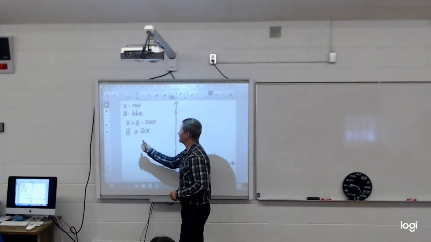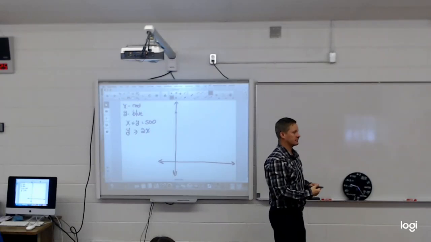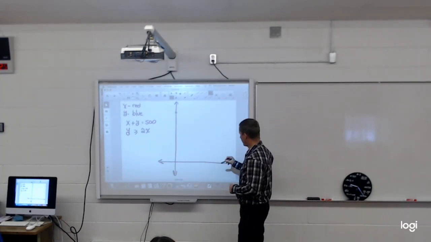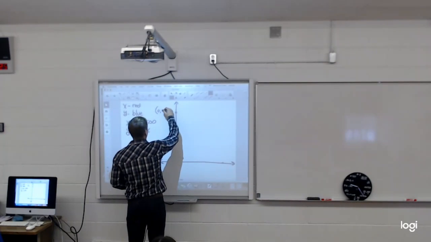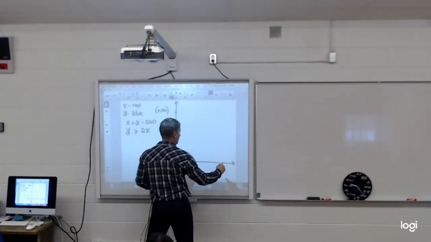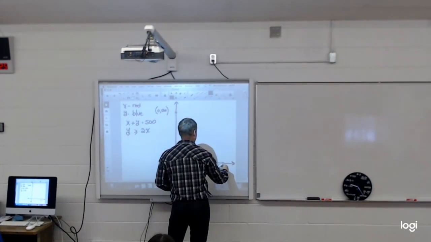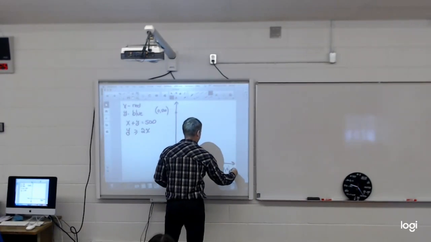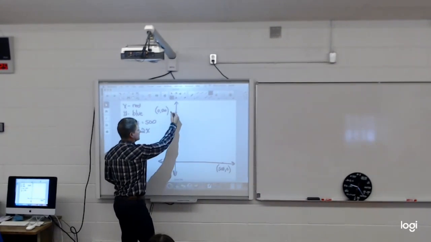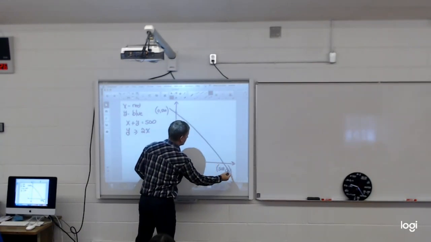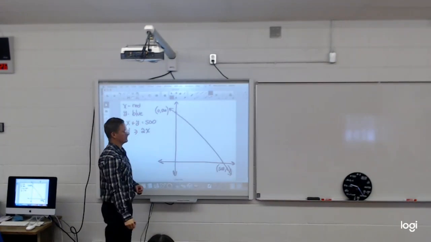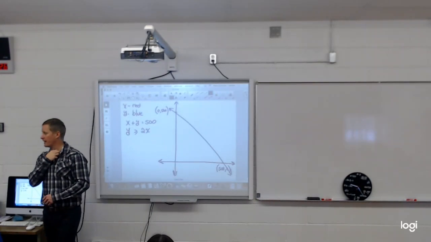And if I put 0 in for y, what is x? 500, that's somewhere down here. So I always do this, 0 and 500, 500 and 0. It's just a straight line. There's no shading actually for this guy. Looks like that. Okay, so that's what it would look like.